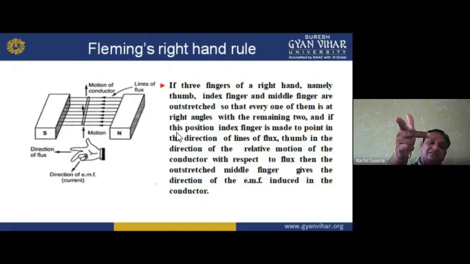Now moving forward, Fleming's right hand rule. See what it is saying. If three fingers of the right hand, namely thumb, index finger and middle finger, are outstretched so that each of them is at right angles to the remaining two, and the index finger is made to point in the direction of the flux lines, the thumb in the direction of relative motion, that is movement or force, with respect to the flux, then the outstretched middle finger gives the direction of induced EMF in the conductor.